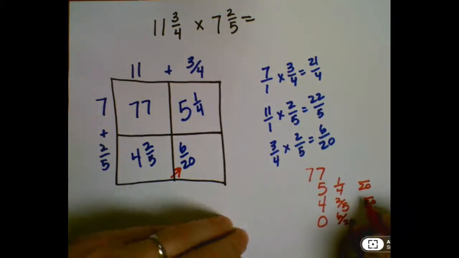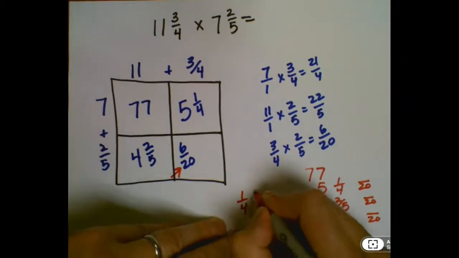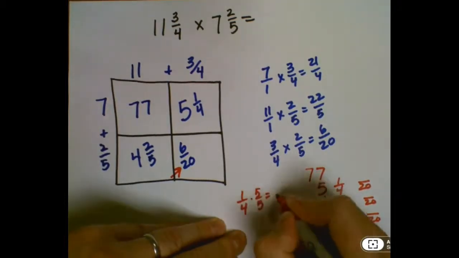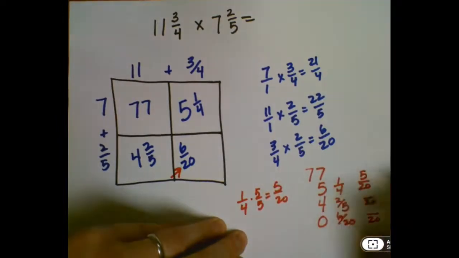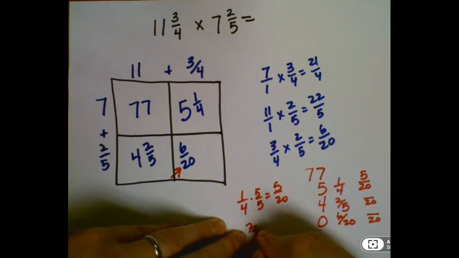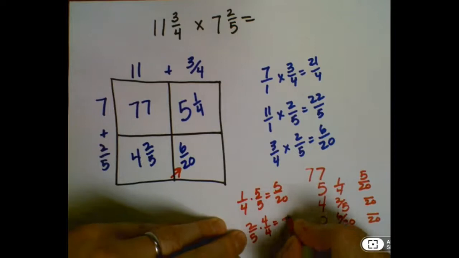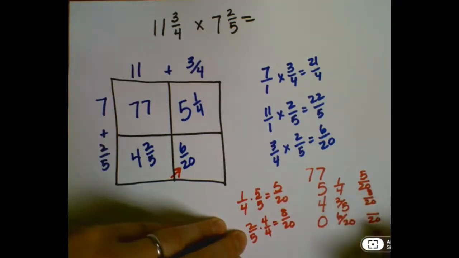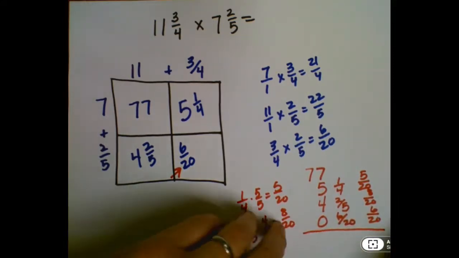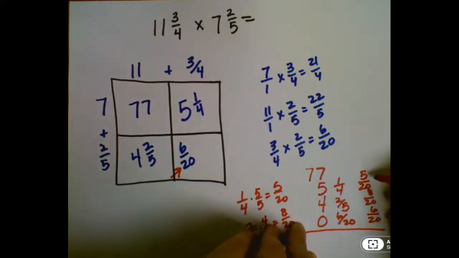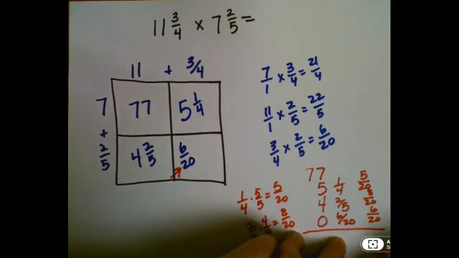Okay, and 1/4 times 5 over 5, that gives me 20 as my denominator, and 5 as my numerator. 2/5 times 4 over 4, that gives me 20 as my denominator, and 8 as my numerator, and 6/20 is already in 20ths. Okay, so let's add this up, do the fractional part first. 5 plus 8 is 13, and 13 plus 6 is 19.